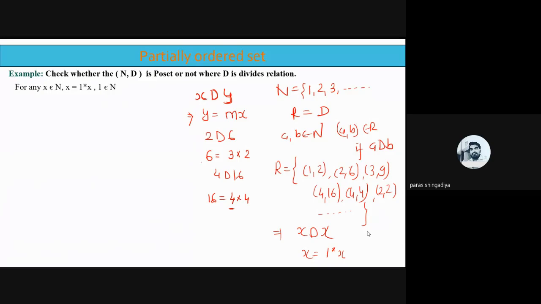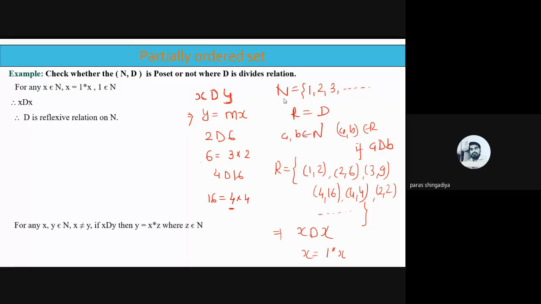And in equation form, you can also prove that x = 1 times x. You can consider x divides y as the y = mx form, and here 1 belongs to N, so x divides x, and therefore you can write D is a reflexive relation on N. D is a reflexive relation on N, which is proved.